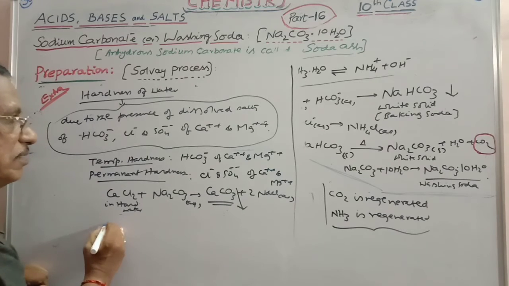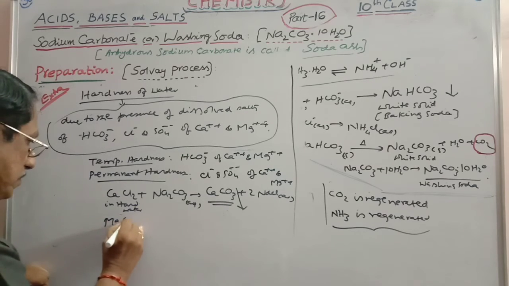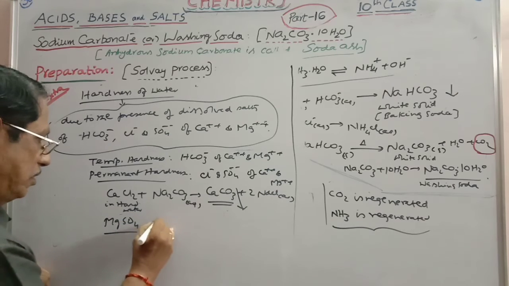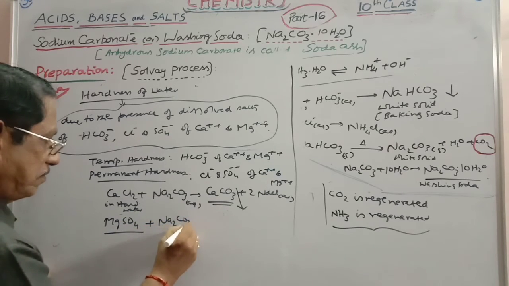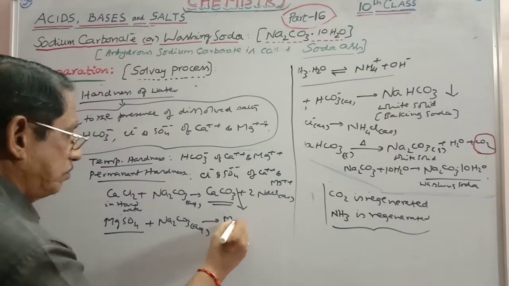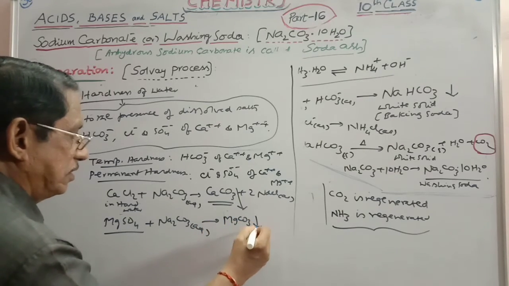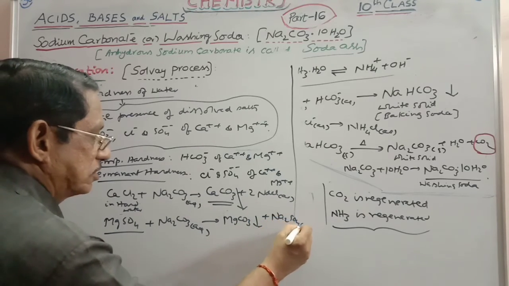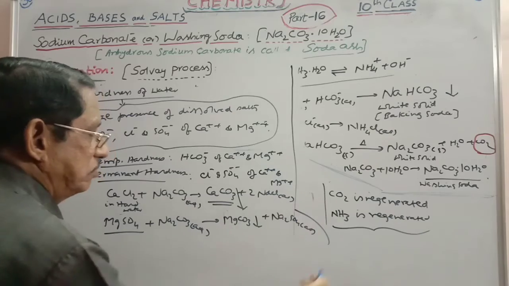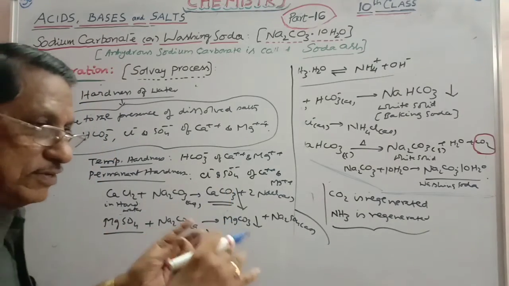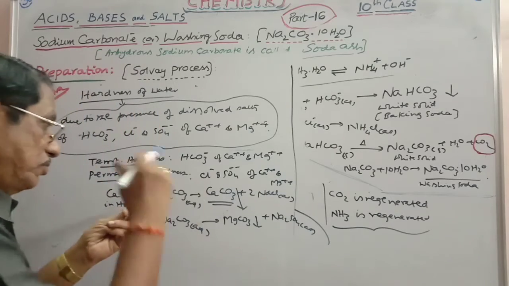Similarly, you can take, for example, magnesium sulfate. It is also present in hard water. You are adding sodium carbonate, aqueous. What happens? Magnesium carbonate is obtained. It is also insoluble in water, precipitated, plus Na2SO4 remains in solution. It is soluble. All the sodium salts are soluble. So in this way, calcium ion and magnesium ion will be precipitated in the form of their carbonates by the addition of sodium carbonate.